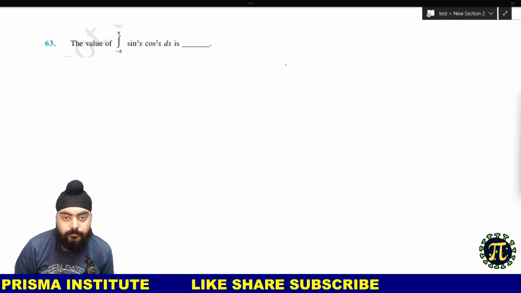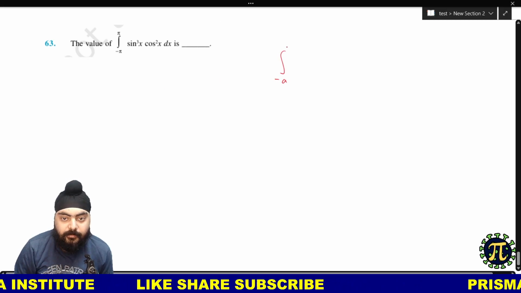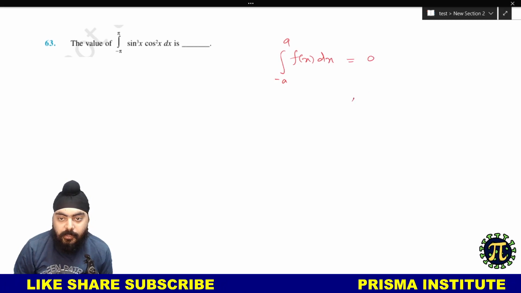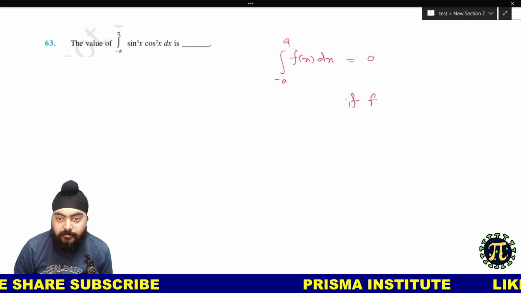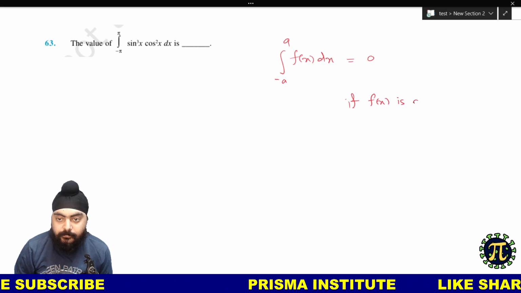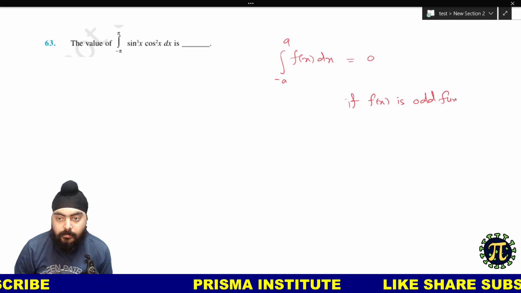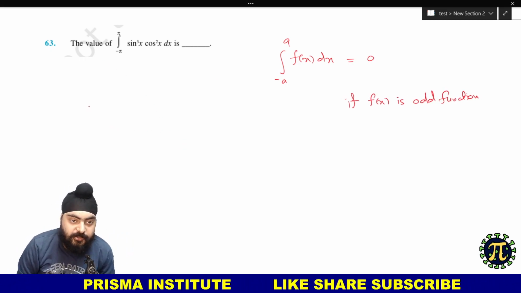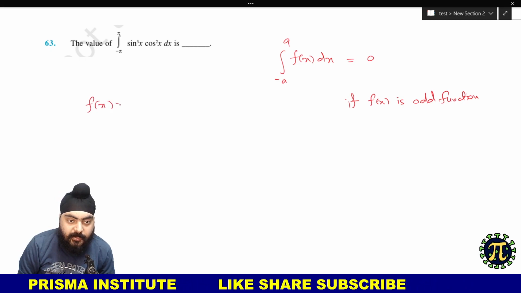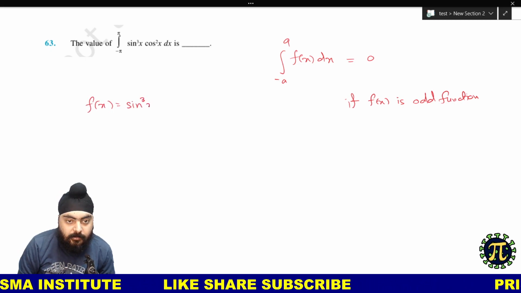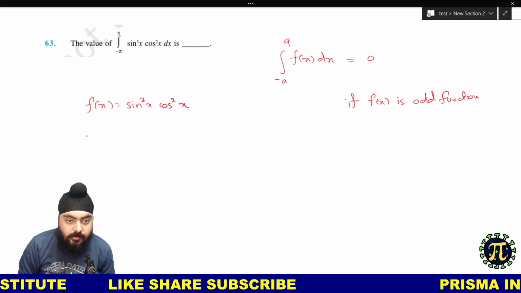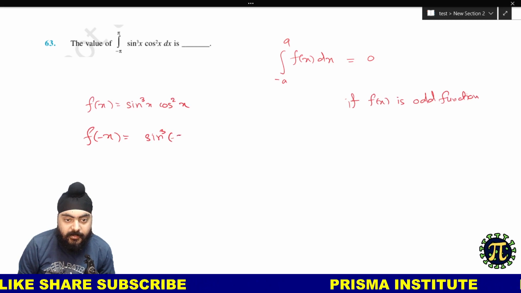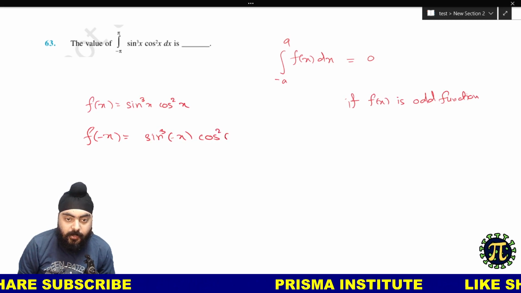Okay, so we already know the integral from minus a to a of f(x) dx can be 0 if f(x) is an odd function, right? So we look at this and we can see it's an odd function. So if we assume f(x) is sin cube x into cos square x, then f of minus x is sin cube (minus x) into cos square (minus x).